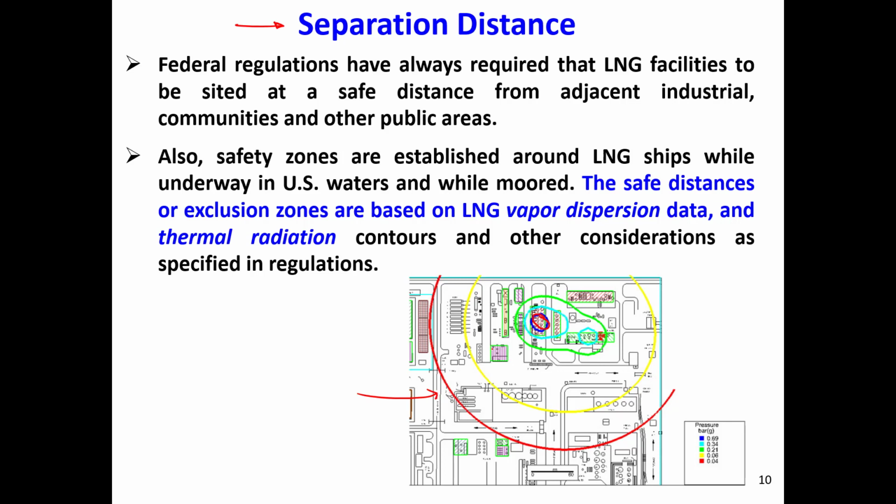or the concentration of the gas around this tank. As you can see, as you go further from this tank, the pressure, or any kind of parameter such as the concentration of the gas, decreases. So for this safety zone or safe distance, you have to follow the available regulations to make sure that your plant is located at a safe distance from any adjacent industrial area, communities, or public area.